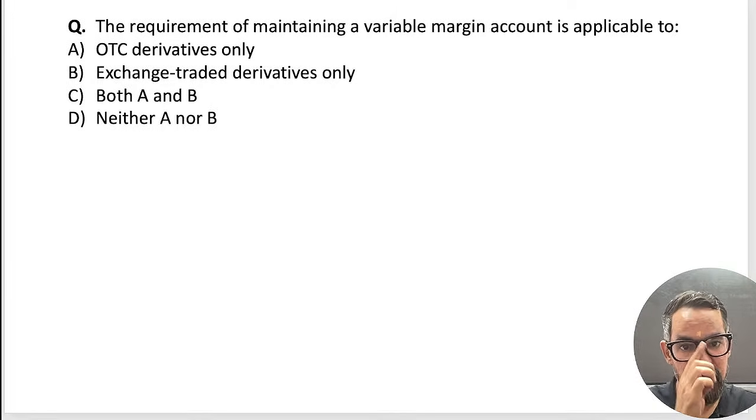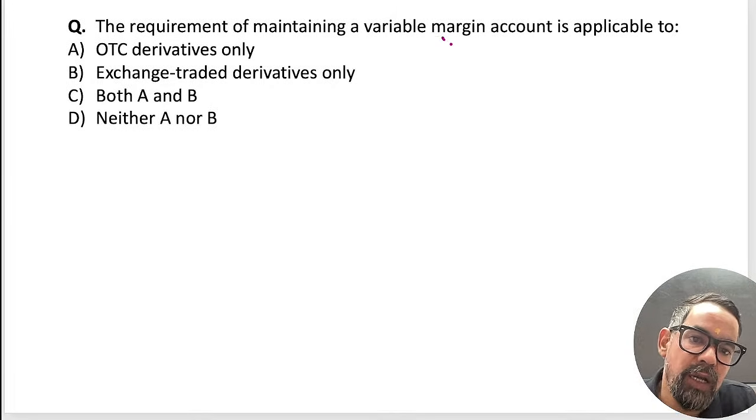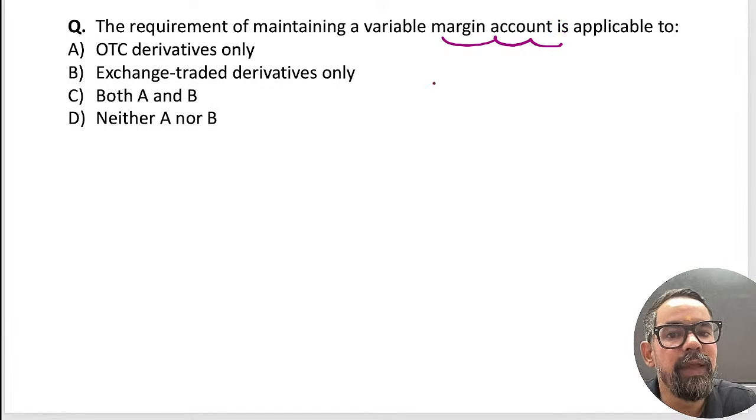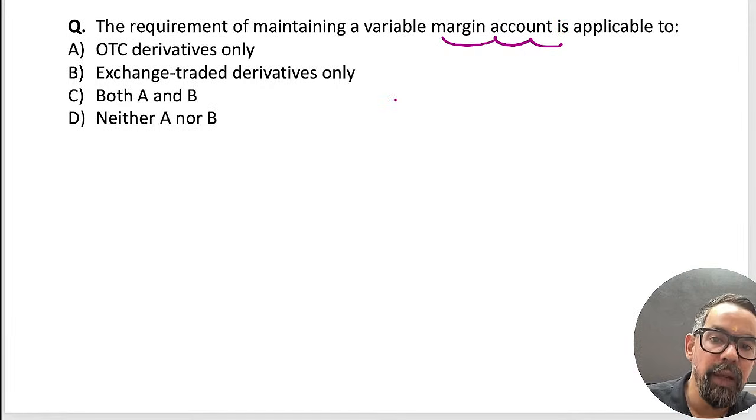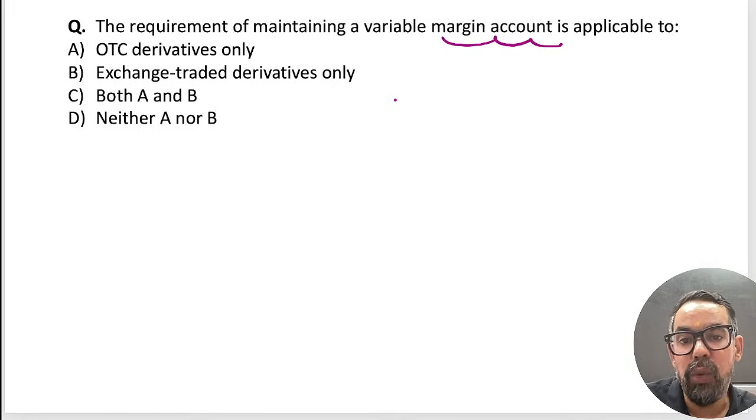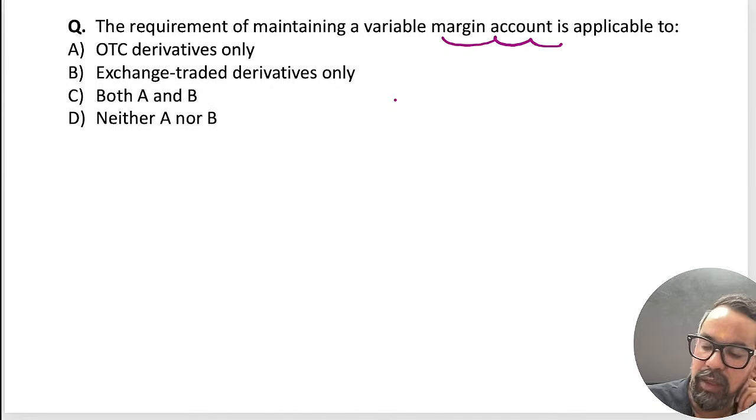The requirement of maintaining a variable margin account is applicable to which type of derivative, where you have to deposit and maintain that margin on an M to M basis? What will be the correct answer? Tell me, guys, everyone.